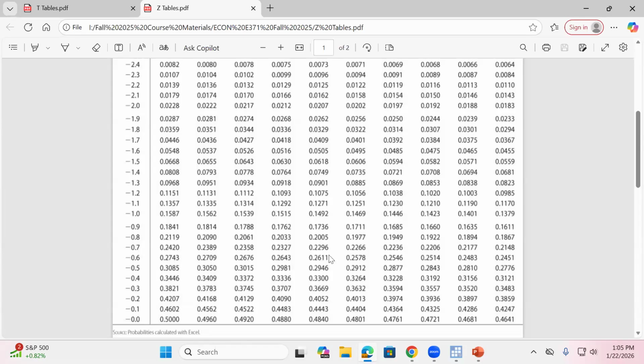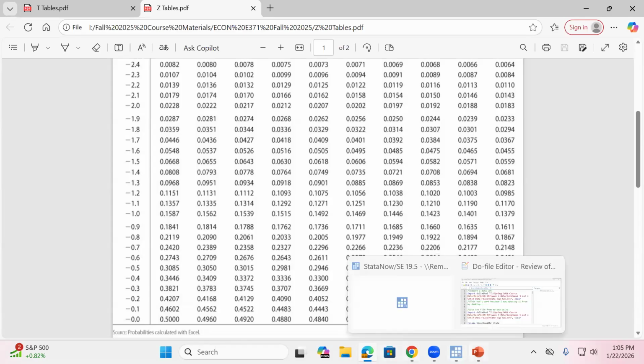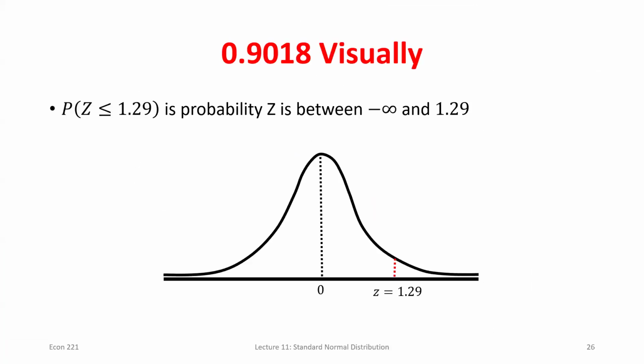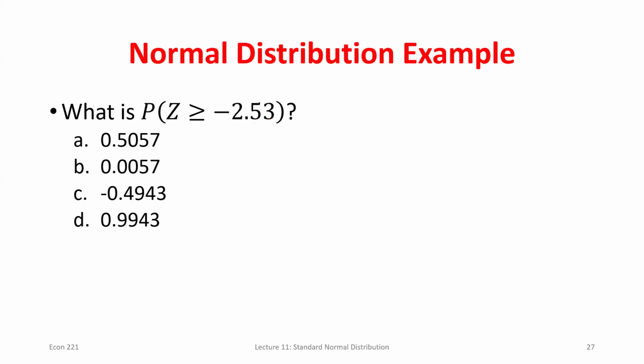But for now, let's go back to our slides. We looked up these z-scores, right? Visually, we said we can find the probability of being any less than a certain value. So let's for a second reason through this and see if, by process of elimination, based off of what we talked about, what if I wanted the probability that I'm greater than a z-score of negative 2.53?